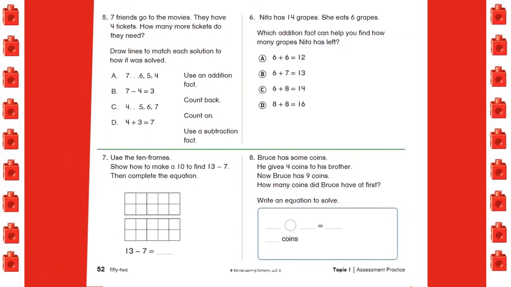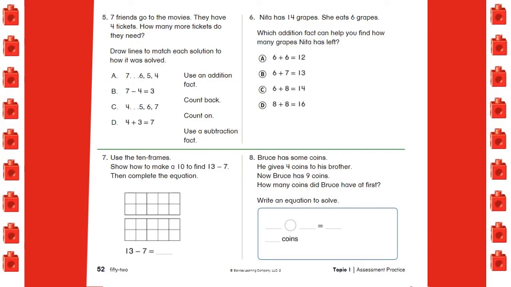Now we're on page 52. Number 5, 7 friends go to the movies. They have 4 tickets. How many more tickets do they need? Draw lines to match each solution to how it was solved. Okay, there's something like this on the test.